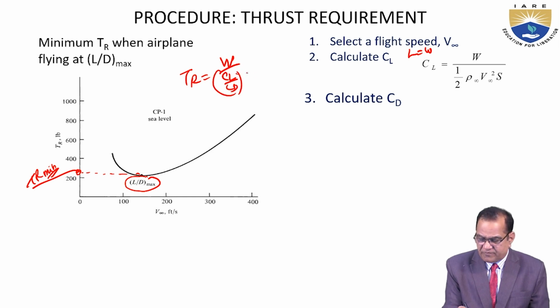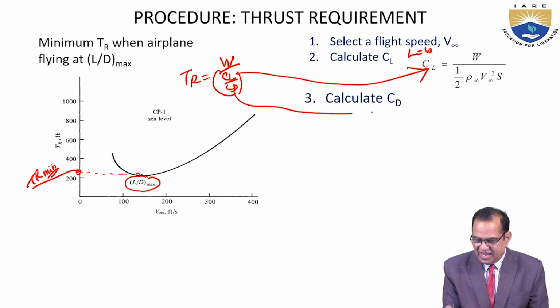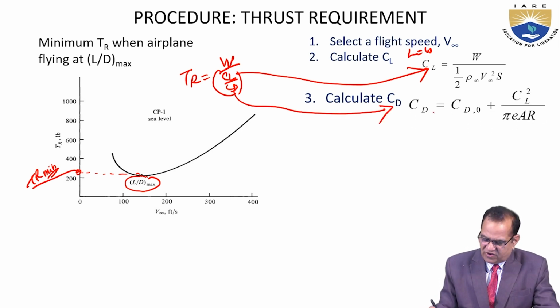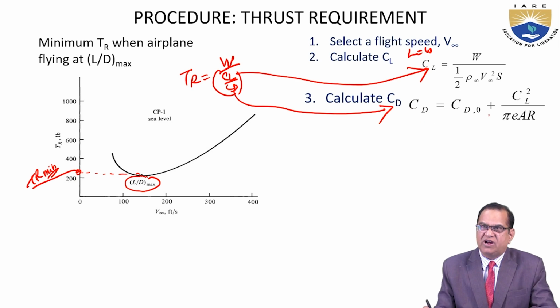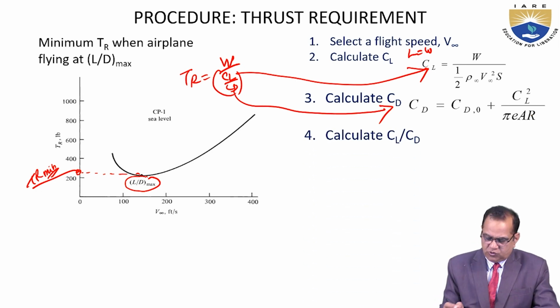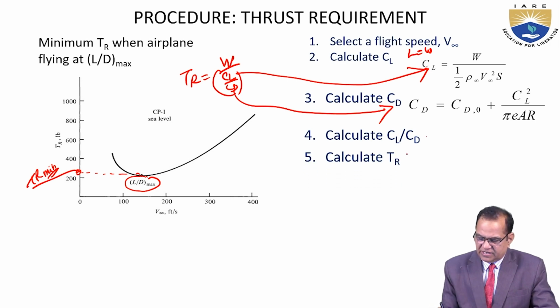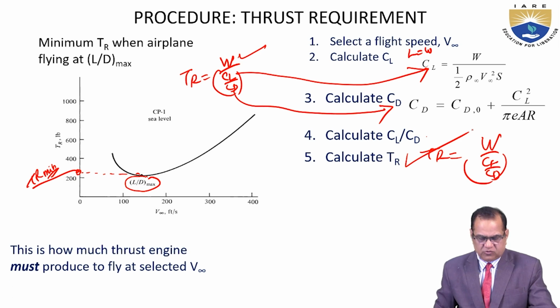So we can find CL here and CD from the drag polar, CD is equal to CD naught plus CL square by pi e aspect ratio. From here we can find the drag. Now you divide CL by CD. Then you know the weight. So TR is equal to weight by CL by CD. So you can see the method to find the thrust requirement.